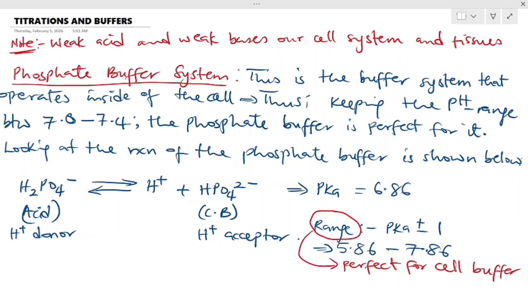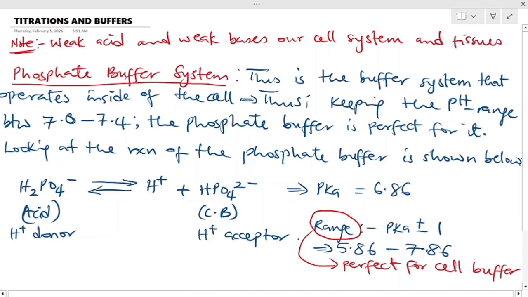So the acid here is the dihydrogen phosphate, and the conjugate base is the hydrogen phosphate. And the relationship is that when the donor loses a proton, it turns into the acceptor, and when the acceptor gains a proton, it turns into the donor, which is what?